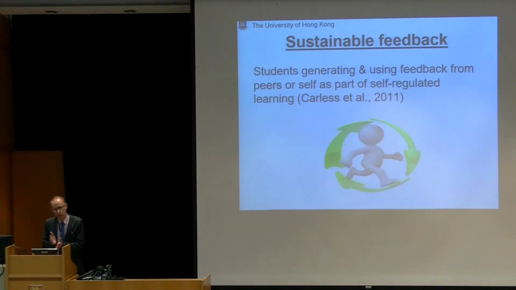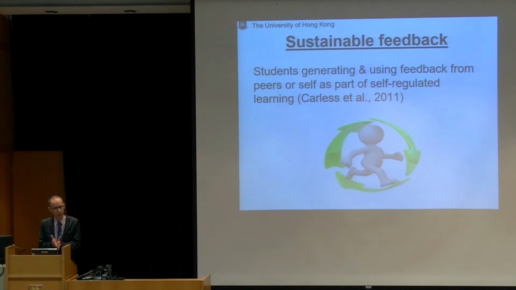Basically, the ideas I've been sharing around peer feedback, around dialogue, are part of what I call sustainable feedback. Unsustainable feedback is when it's always the teacher having to say to the student, you've got to do this, you've got to do that. Sustainable feedback is encouraging the students to do peer feedback.